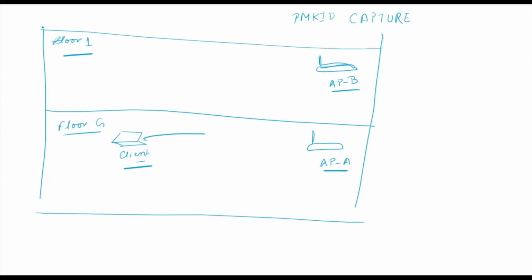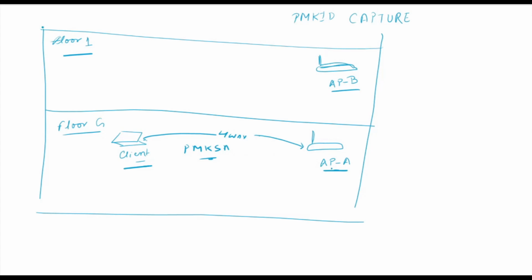After the four-way handshake, the client has to keep a PMKSA with it. Client and access point both will keep a PMKSA. This is known as PMK Security Association. It will be kept by the client and by the access point.